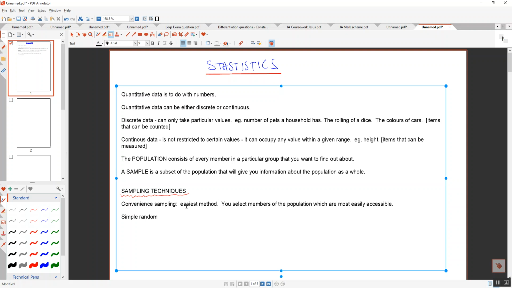Okay, simple random sampling is the next one. Each member has an equal chance of being selected, i.e. names put in a hat and randomly pulled out.